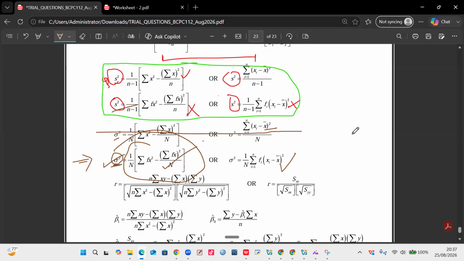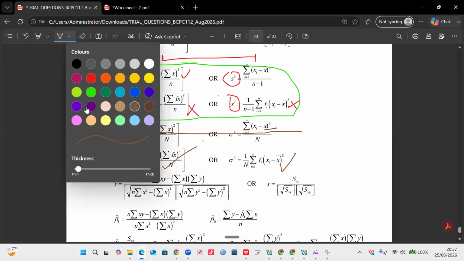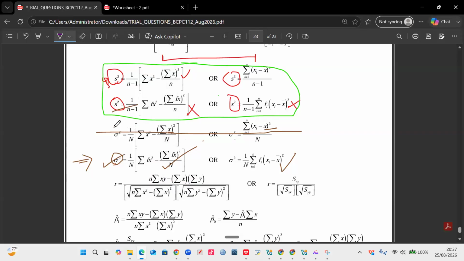That is why I'm explaining to you how I got the formula. One, the question says population. And in statistics, if you are dealing with population, this is the symbol used for population. So immediately it says population, don't go and look at the S. The S is sample.